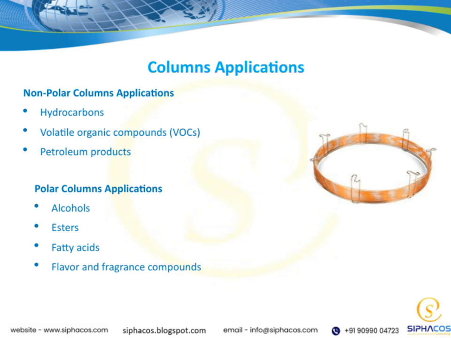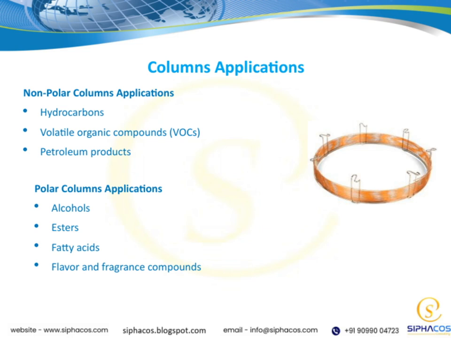Now, shifting gears to nonpolar columns, these are primarily used for hydrocarbons, volatile organic compounds, or VOCs, and petroleum products. Because they are nonpolar, they excel at separating nonpolar substances, which are common in petrochemical analysis and environmental testing.